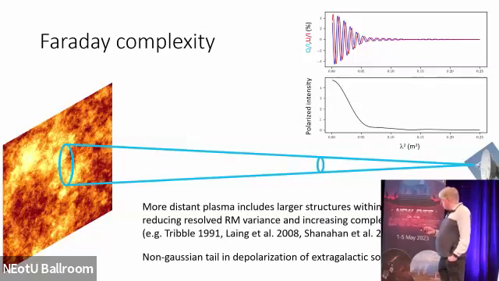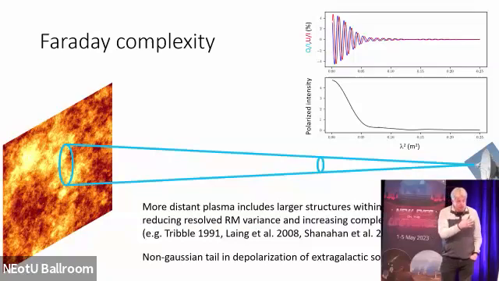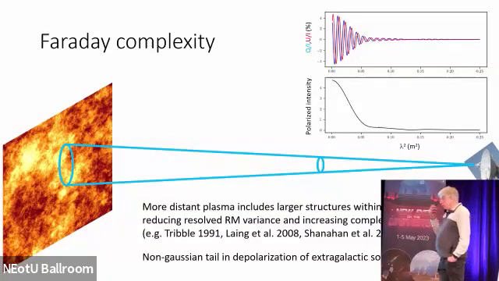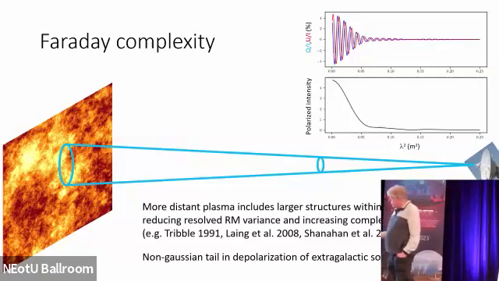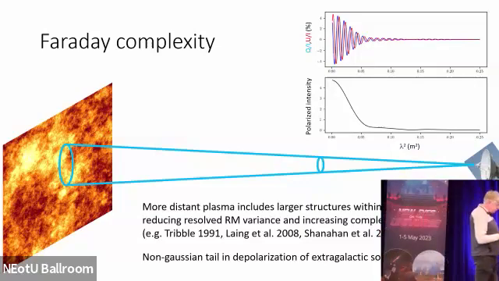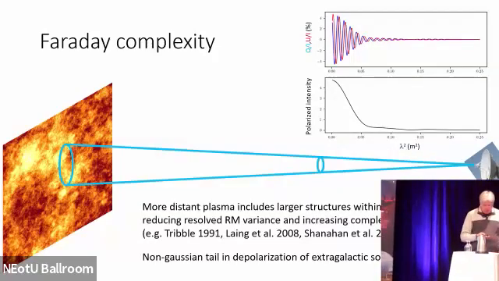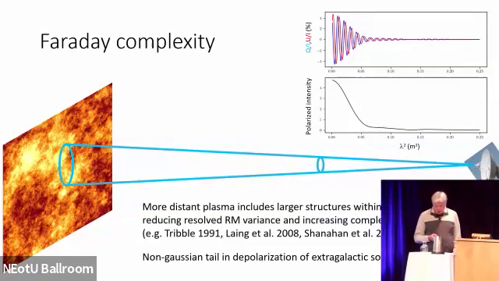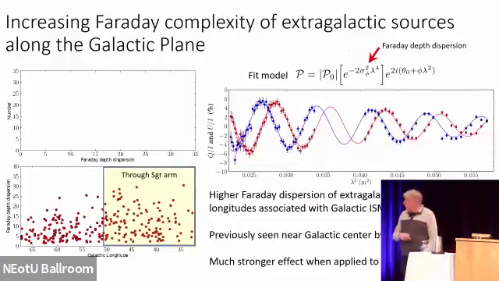That this depolarization for extragalactic sources was purely due to plasma near the source, because the same kind of turbulence would create larger differential Faraday rotation within our beam if it's close to the source than if it's in the Milky Way. True, but it turns out now that there is an effect.